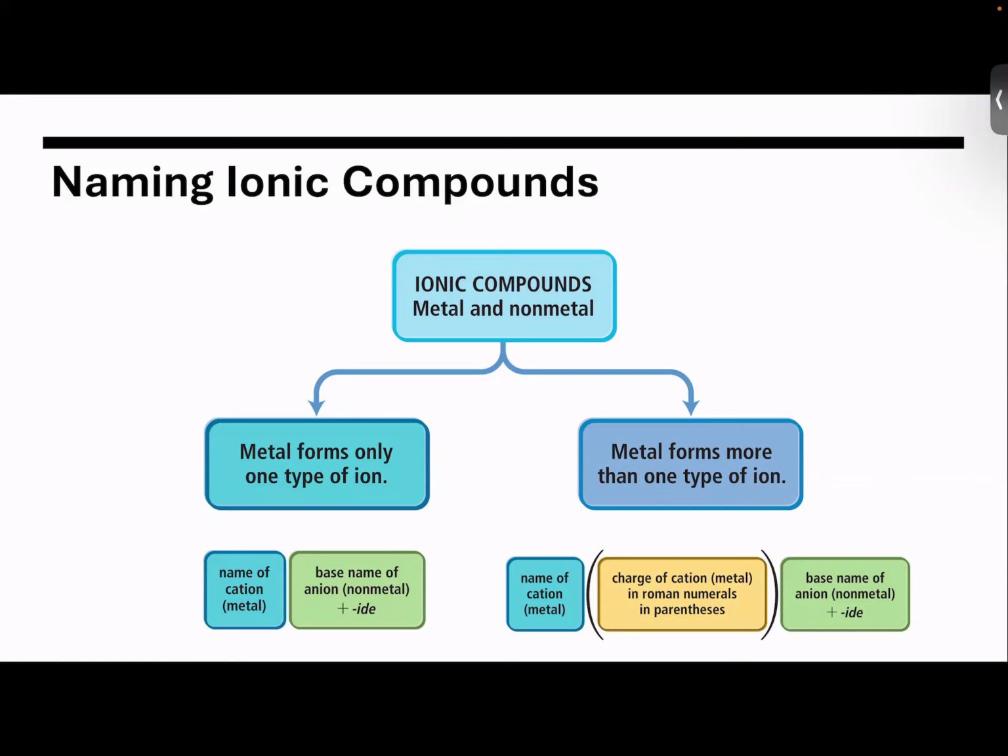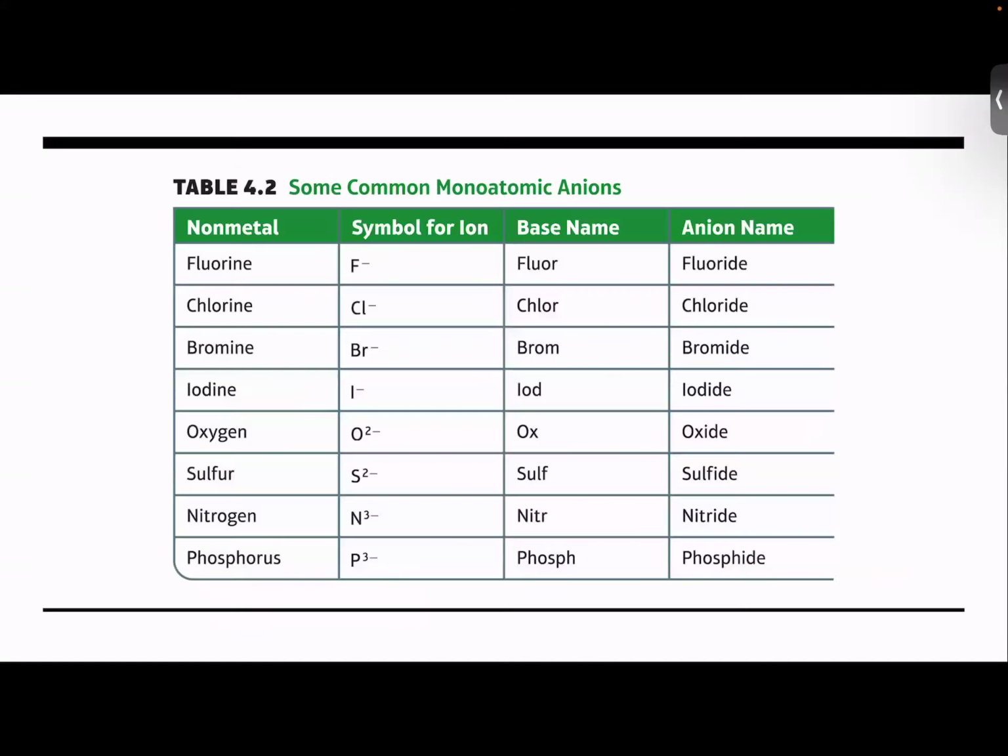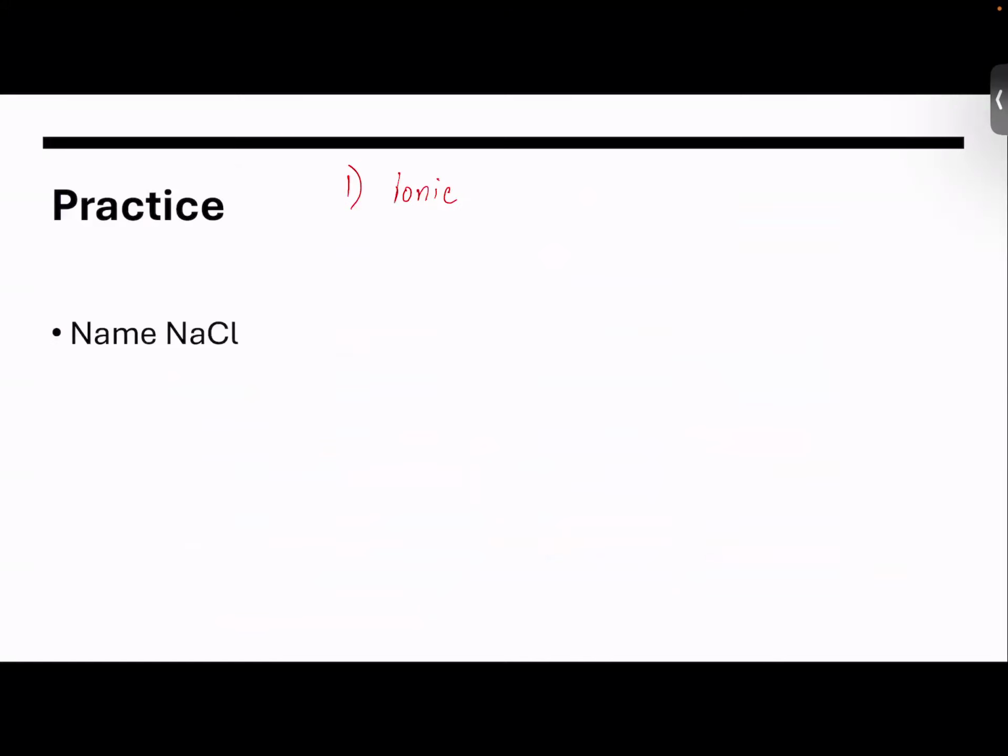Knowing that it has only one type of ion, then we know we're going to name the cation and we're going to name the anion. So we name the metal, which is sodium, and we name the anion, which is chloride.